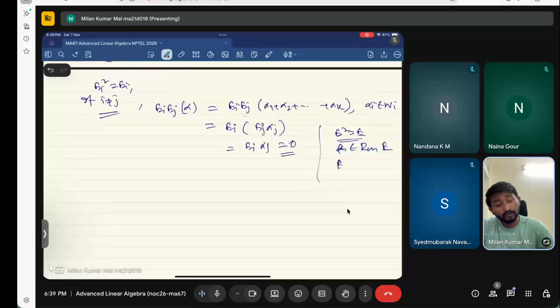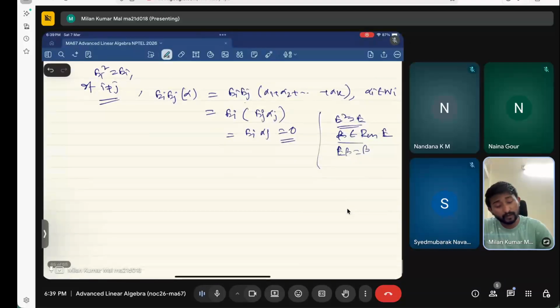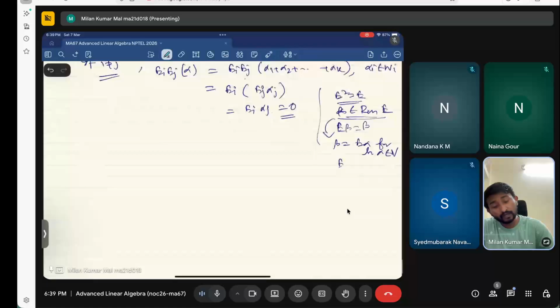Why? Because if beta is in the range of E, then beta must equal E alpha for some alpha in the vector space V. Now what is E beta? E beta is E square alpha, that means E alpha, because E square equals E, and that is beta.